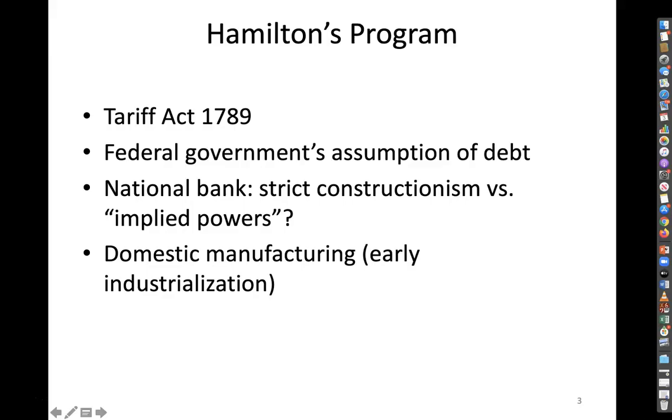And that means if no power is actually listed there, if it's not written in the body of the Constitution, well, that means it's unconstitutional. And that's indeed the very charge that was leveled towards Hamilton from constructionists, so to say, like Jefferson.